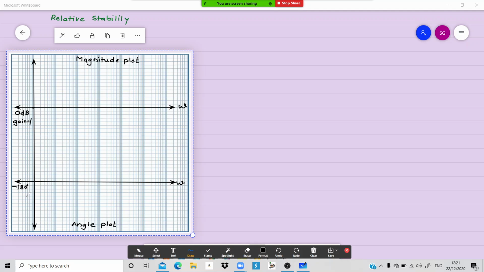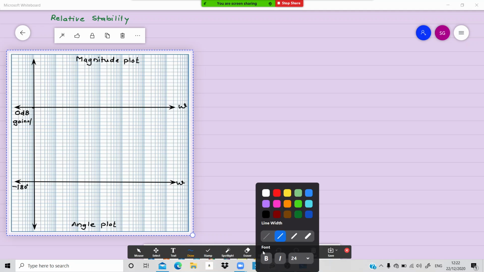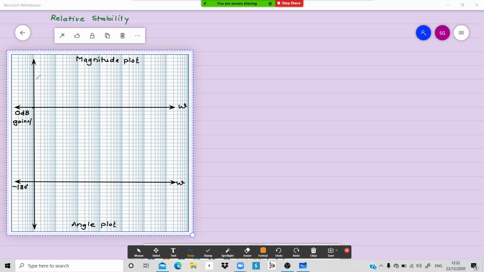So below this, there is a minus sign, so the angle is becoming more and more negative. Above this, it is less and less negative, so more and more positive. So minus 180, 182 is on this side, and 179 will be on this side, right? So let me draw the plot, just an example.